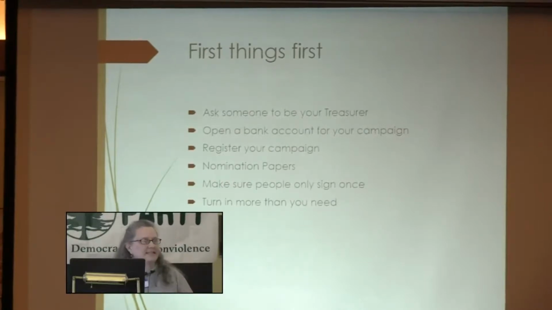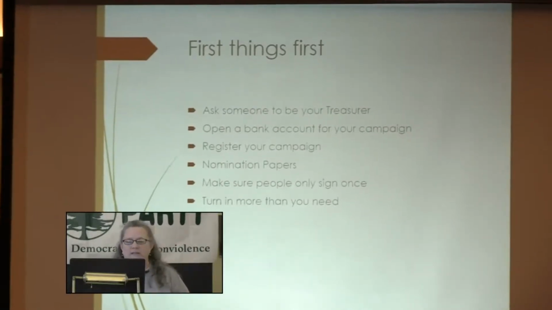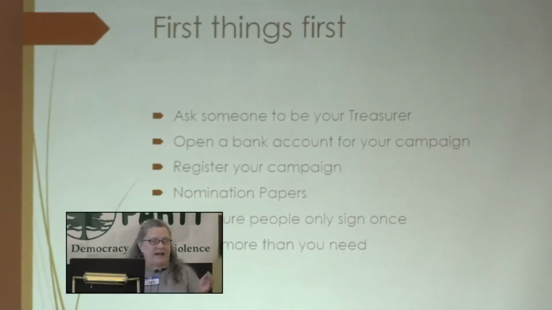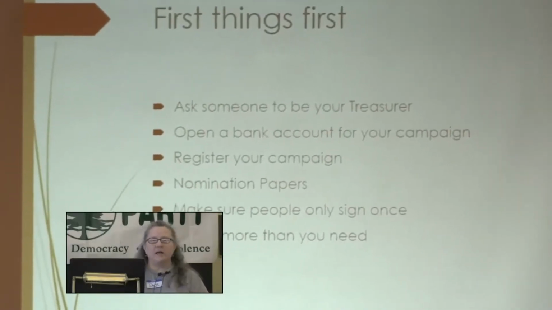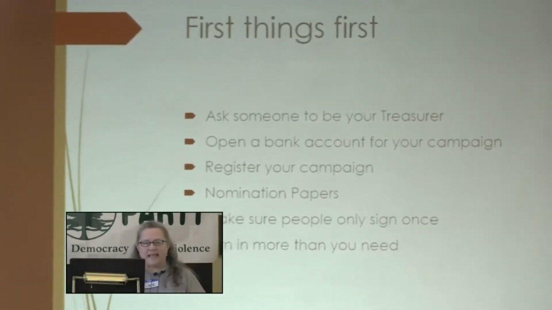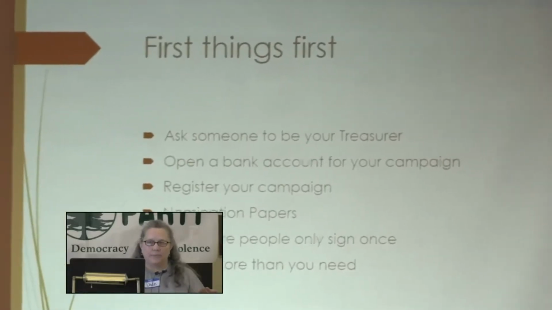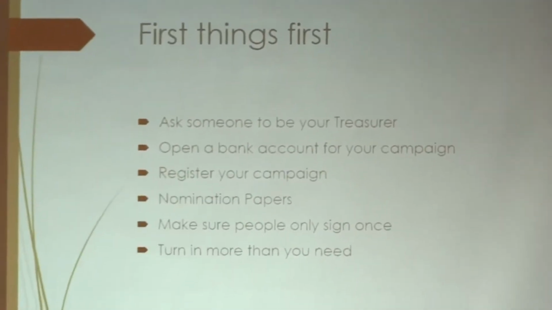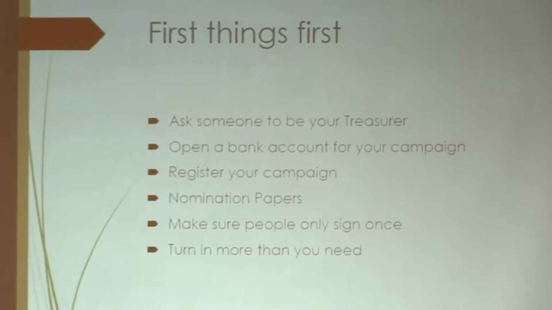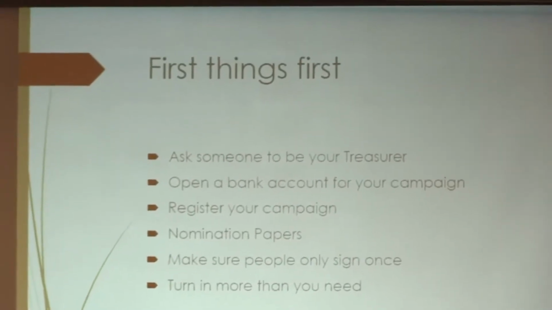There are different places and different kinds of paperwork that you need to file. It all needs to be filed on a schedule, and it's different for every state and it's prescribed. All of those links will be available to you in the packets that we give you.